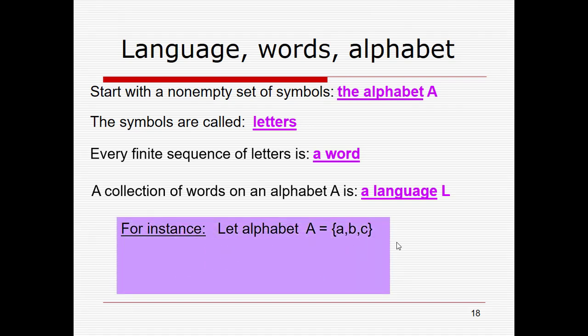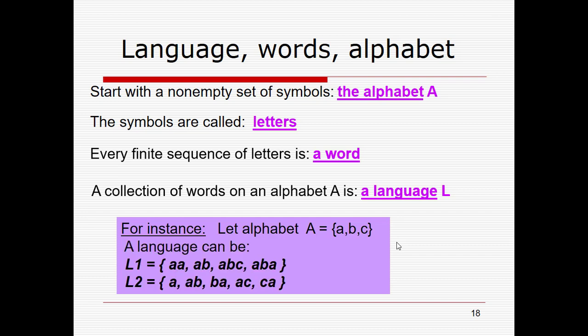So if we have an alphabet consisting of only 3 letters, the symbols from the alphabet A are a, b, and c. Then you can make connections of these letters forming words. If we define a language, then we say, okay, within this language, the following words are allowed.